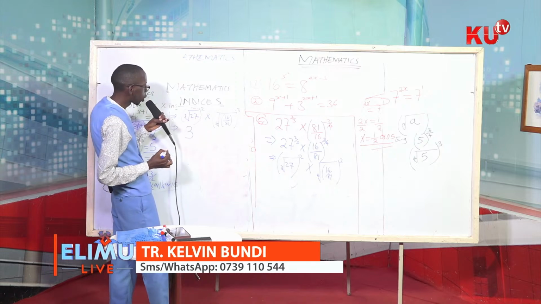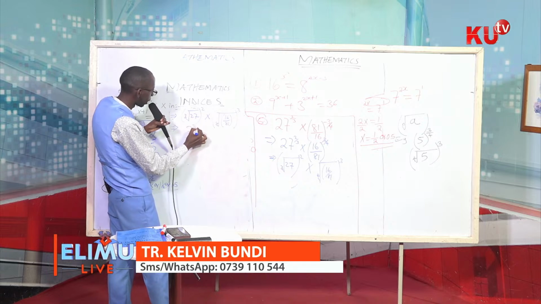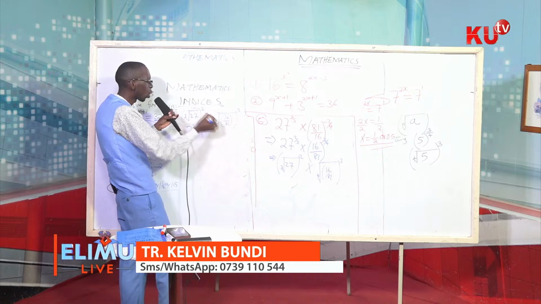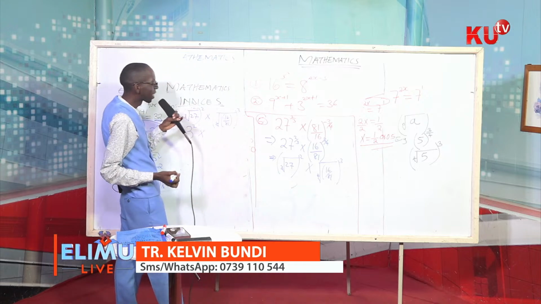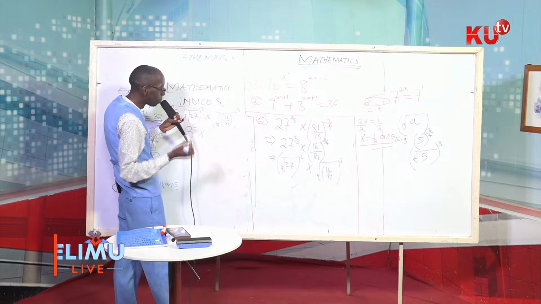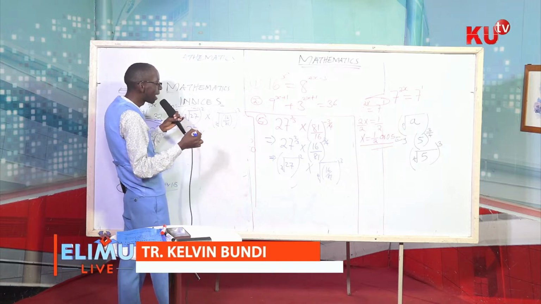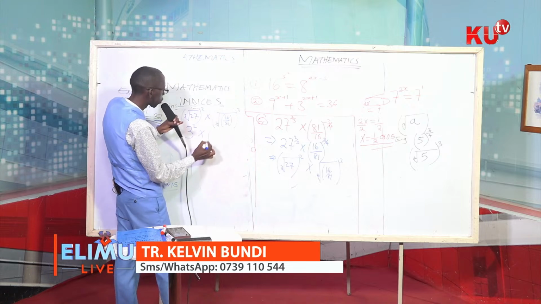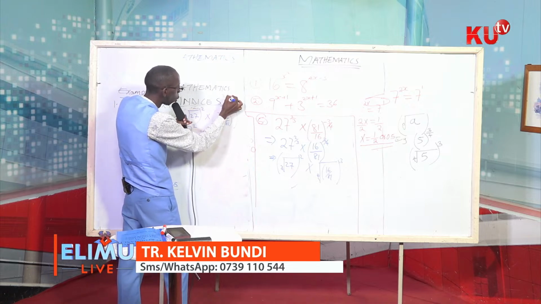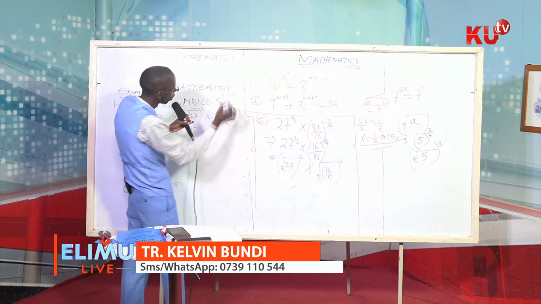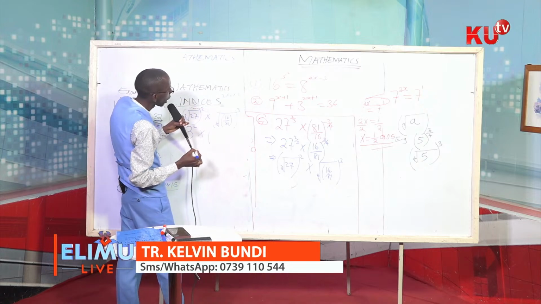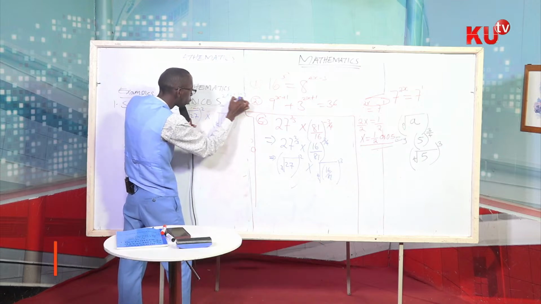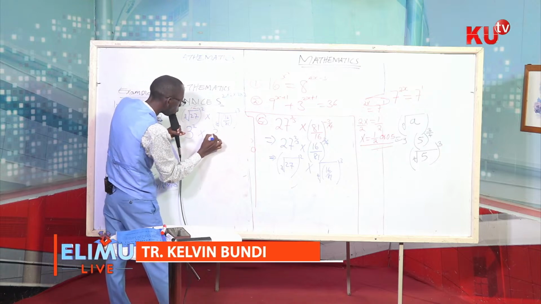What is the fourth root of 16? It is 2, because 2 times 2 is 4, 4 times 2 is 8, times 2 is 16.